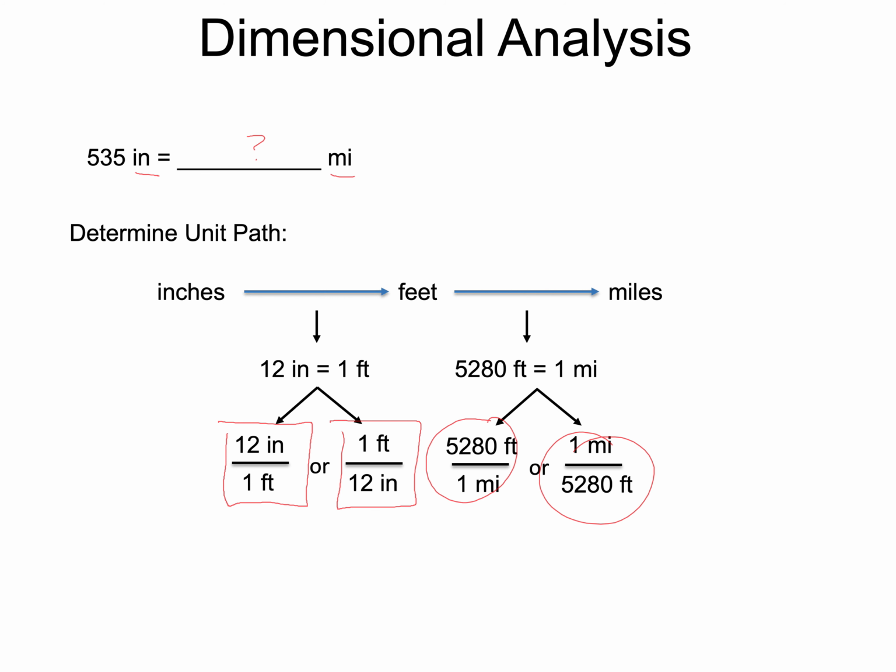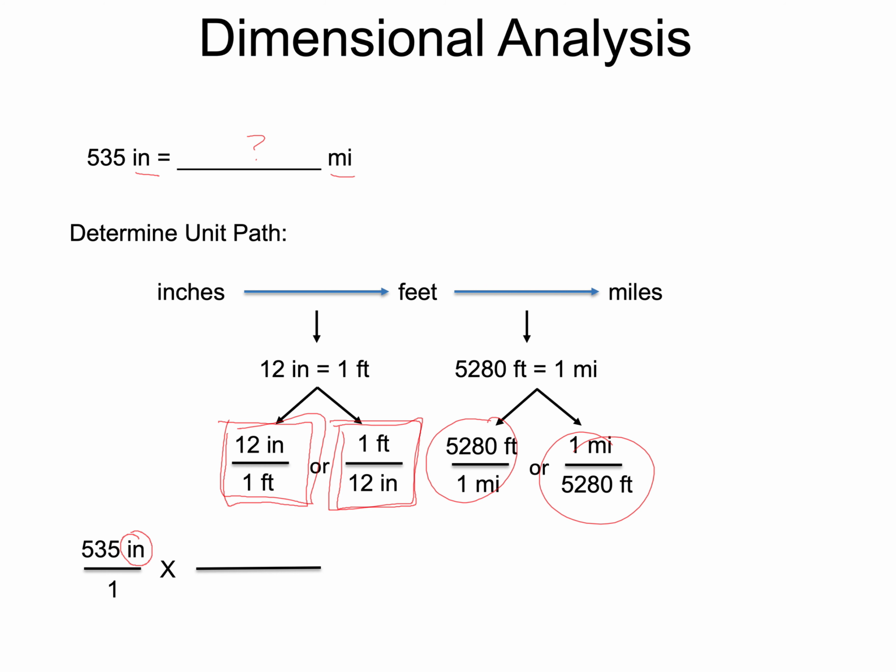So how to do this? We're going to start with 535 inches, and we're going to put this in fraction form, just over 1. We're then going to add our conversion factor in fraction form and multiply this times our beginning value. How do we choose? We're going to choose either the first fraction or the second fraction. How we determine which one to use is based on the unit in the numerator of our starting number.